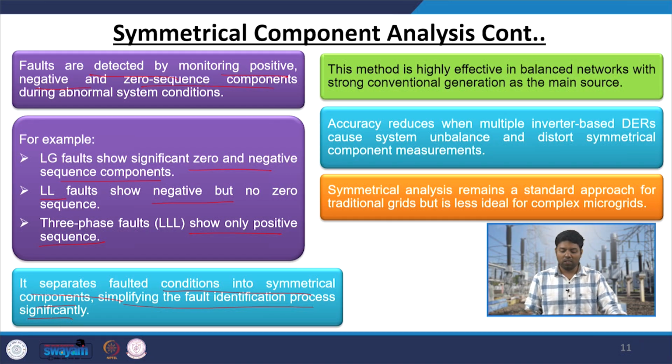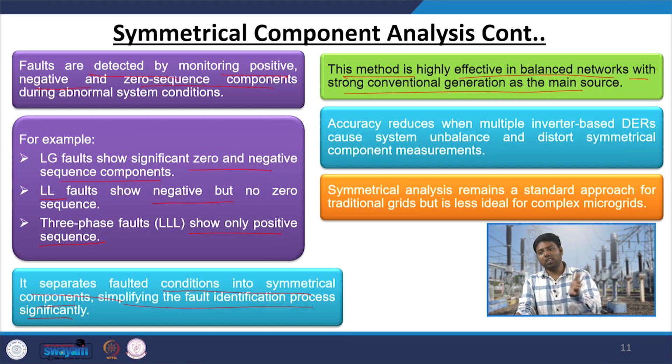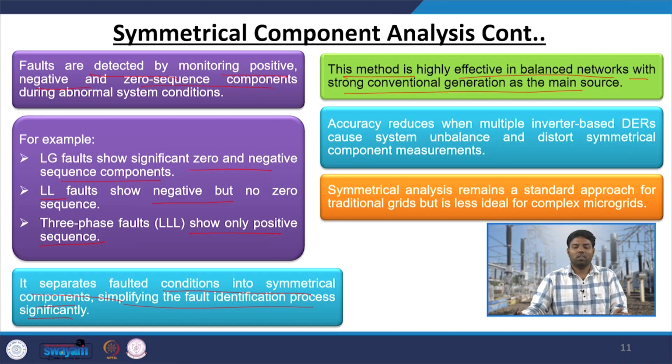But the problem is, this method is highly effective in a balanced network with strong conventional generation as the main source. So, if your system is previously balanced and the fault creates the unbalancing effect, then this method is very good. But in our distribution network, we know that the network itself is an unbalanced system.